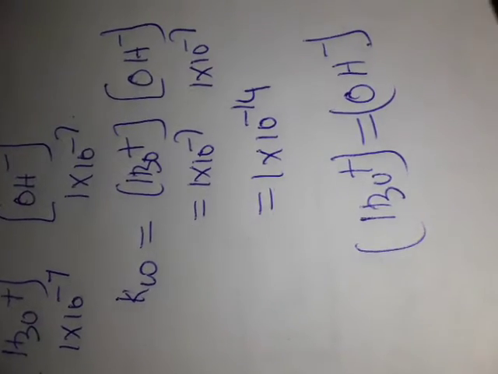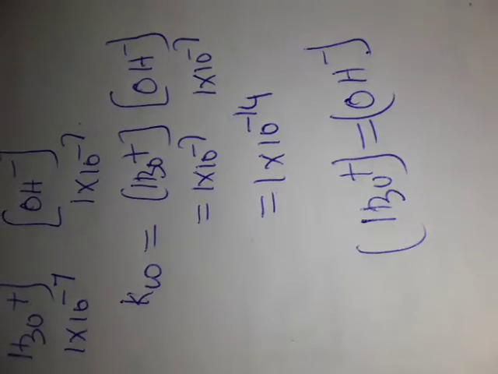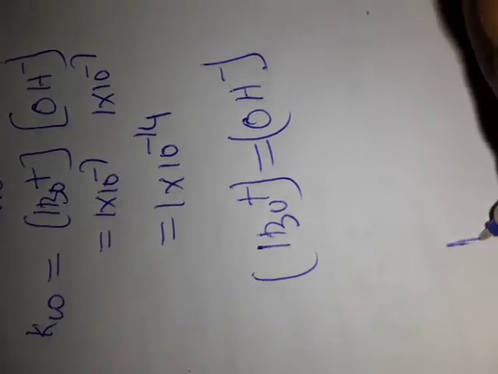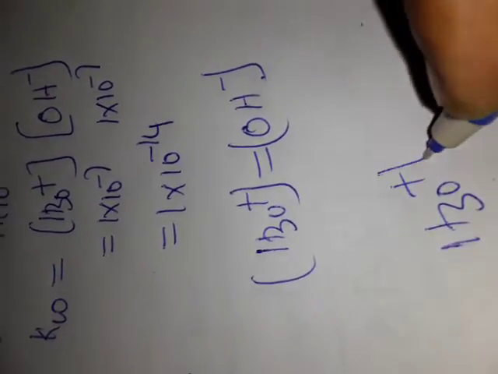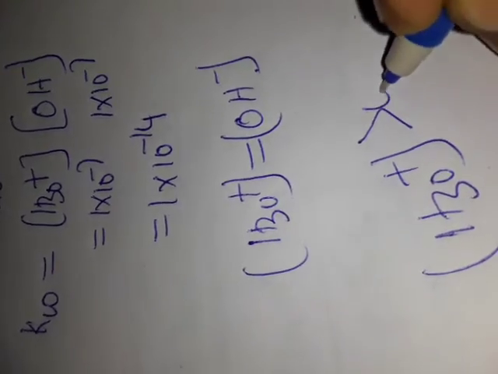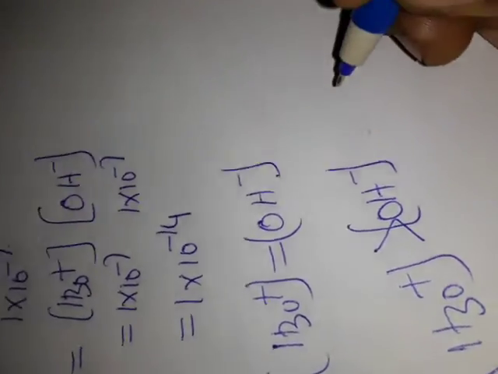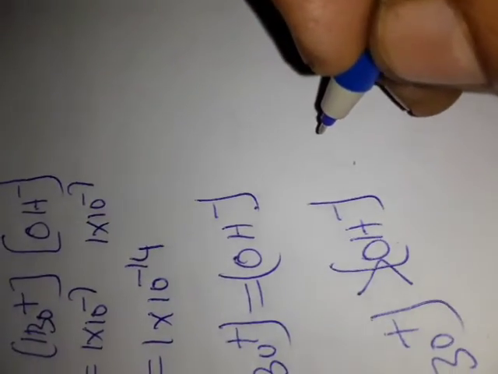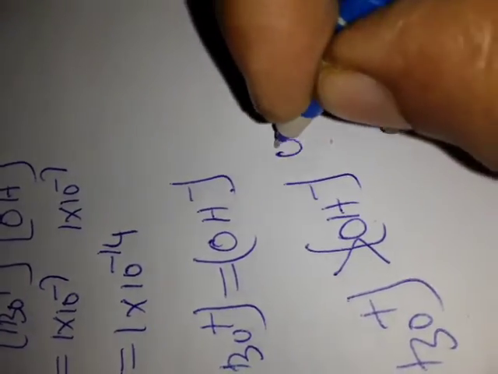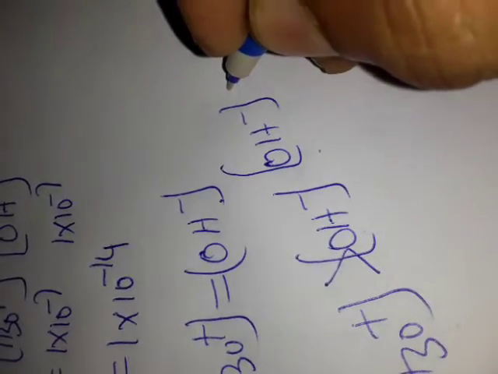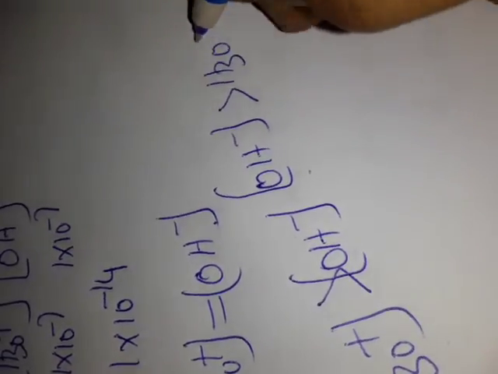In acidic solutions like HCl, H3O plus concentration is greater than OH minus concentration. In basic solutions like NH3, NaOH, etc., OH minus concentration is greater than H3O plus concentration.